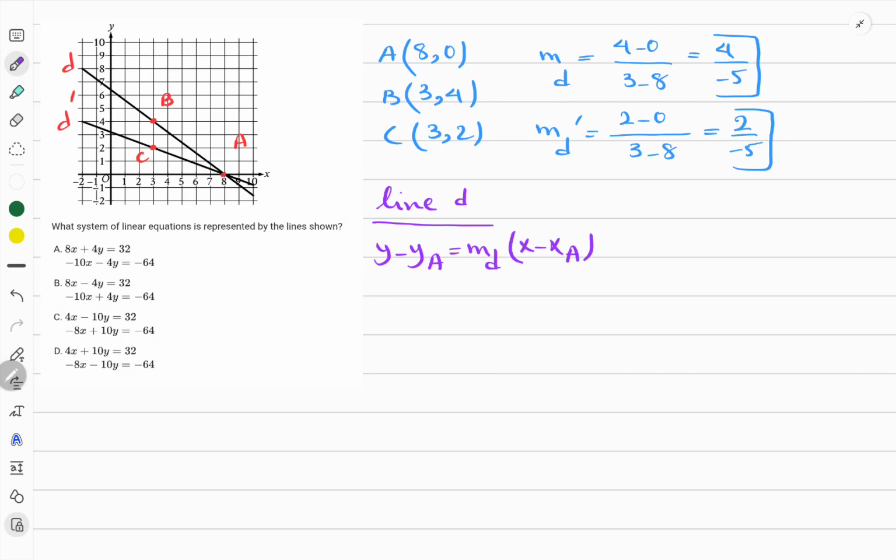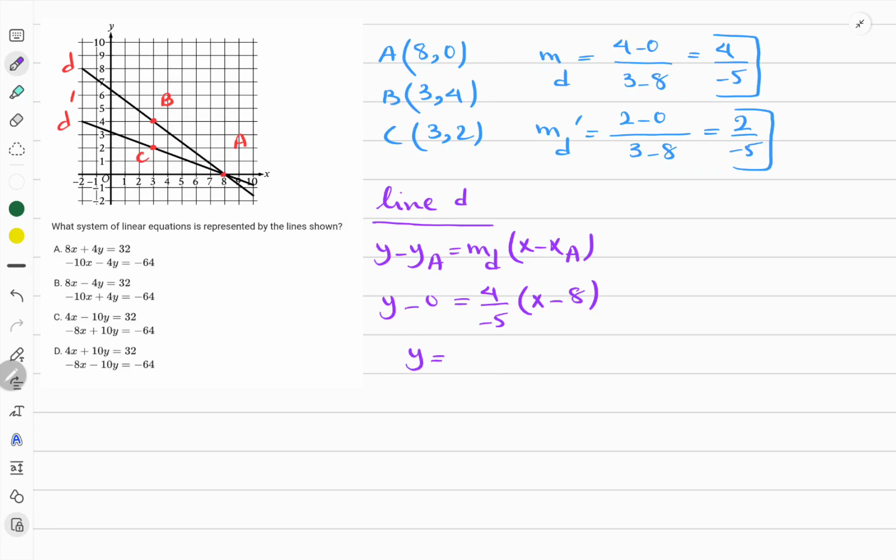Instead of A, you can use B. It's okay. Substitute 0 for ya and substitute 8 for xa, and you should simplify this equation.